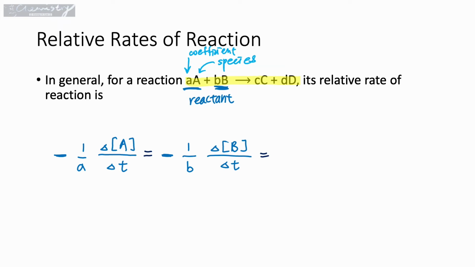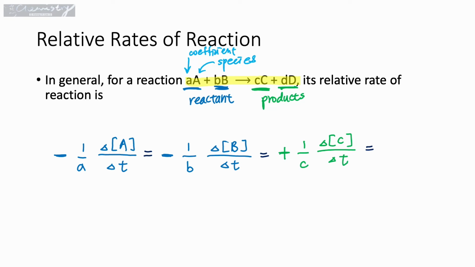And this is also equal to, so now we are looking at the products. And remember, the products are being formed, so we're going to have a positive number. Inverse of the coefficient, so 1 over lowercase c, and then the change in the concentration of uppercase C over time.